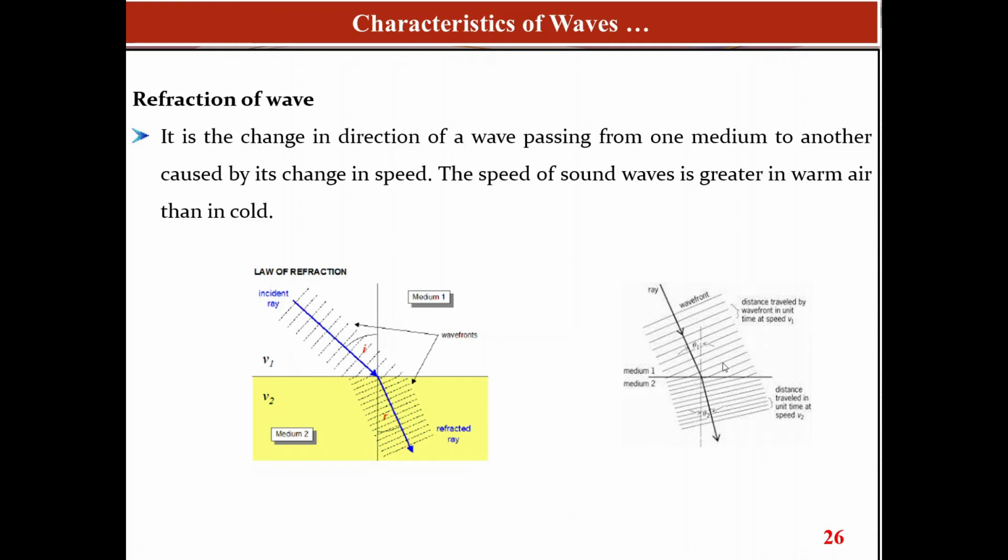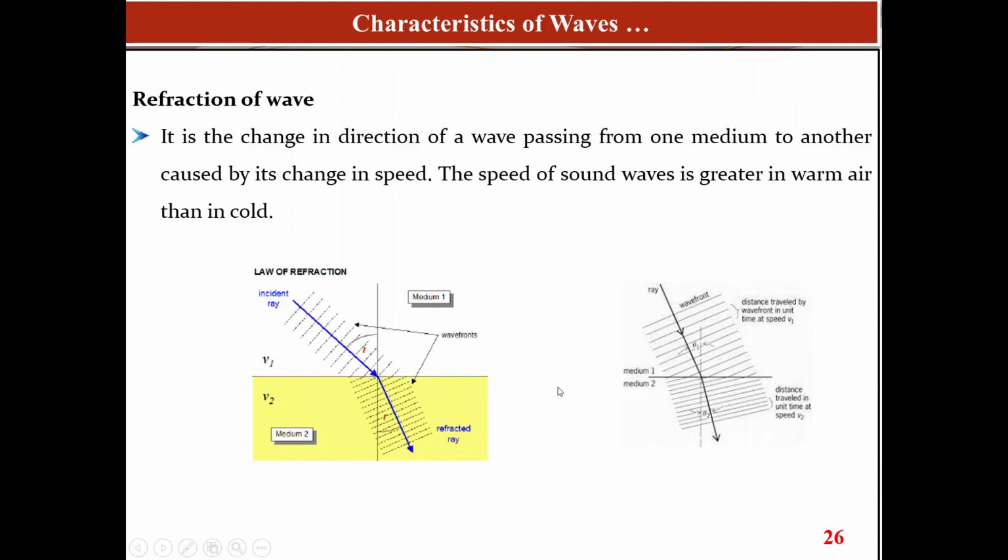Okay, so this is also an example. This is the wavefront, the incident one, and then after refraction we get this one. So as you compare theta 1 with theta 2, theta 2 is less than theta 1 if this one has n value greater than the upper one.